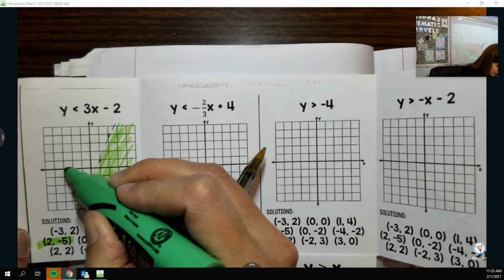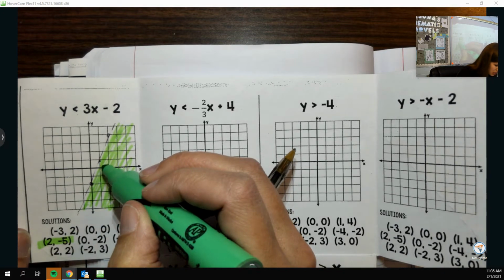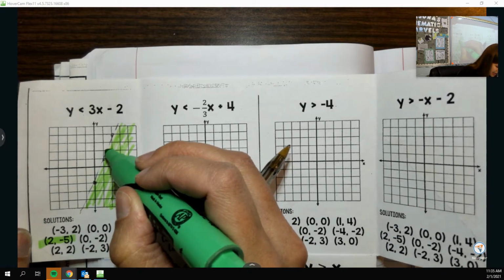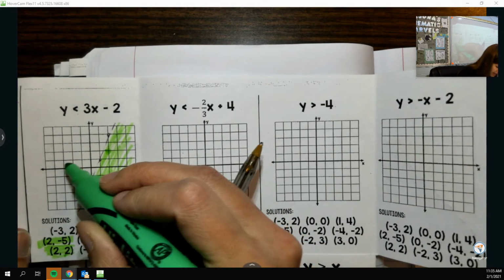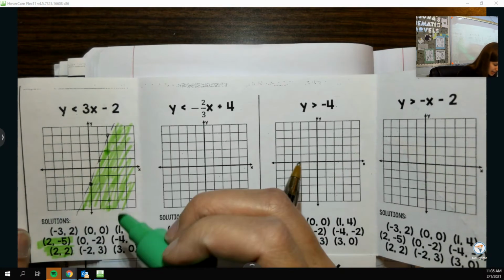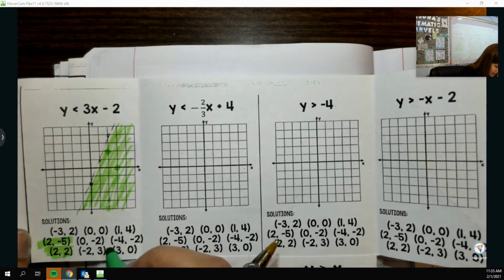Negative 4, 2 and 3 comma negative 2 are not. 2 comma 2 is, because that's within the shaded region. Negative 2 comma 3 is not. And then 3 comma 0 is.